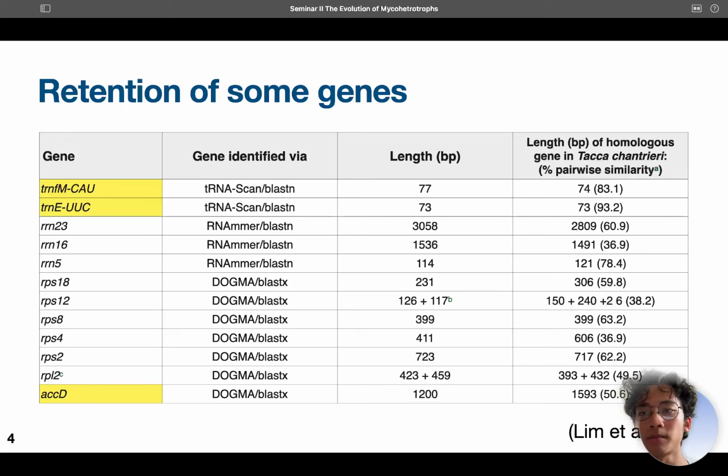For the trnE, which is related to the synthesis of some protein, and the trnE that is for the synthesis of the heme, and the accD, which is involved in the synthesis of fatty acid, which is essential for the plant to live and survive. So that's why the plastome still remains there and does not totally disappear.